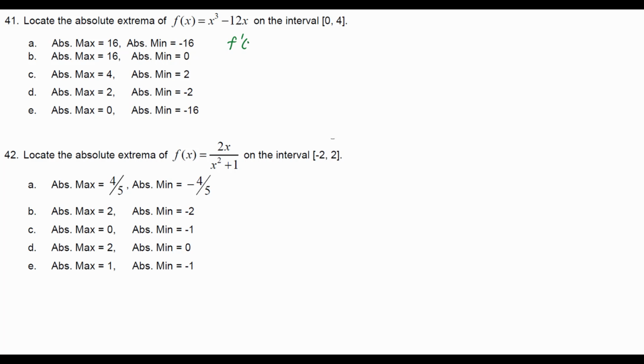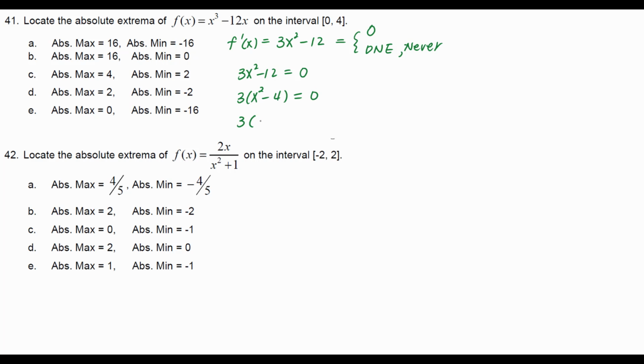So f prime of x is equal to 3x squared minus 12, and this is never undefined, and it is 0 when 3x squared minus 12 equals 0. Factor out 3: x squared minus 4 is 0.